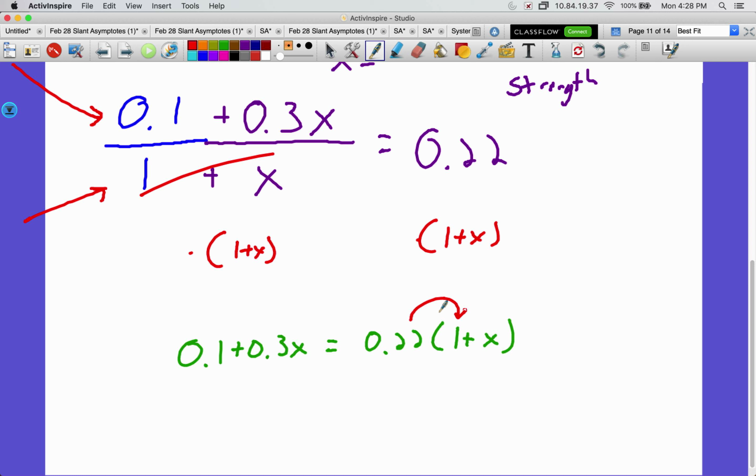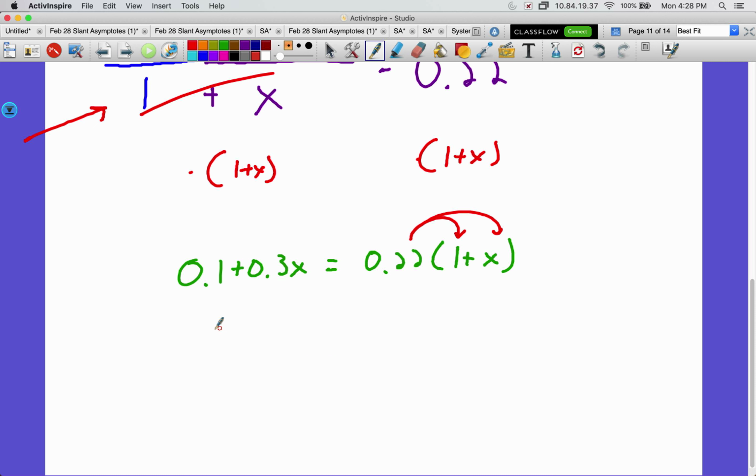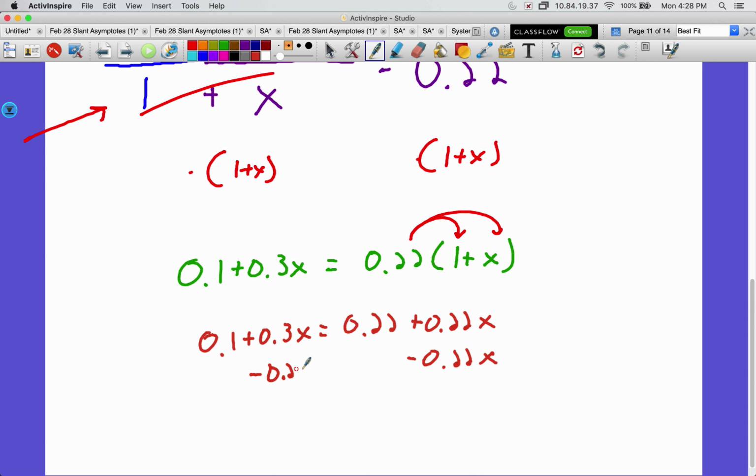You can distribute it in on this side. I maybe should have just done that right away. It's 0.1 plus 0.3x equals 0.22 plus 0.22x. Move my x term. 0.1 plus 0.08x equals 0.22.